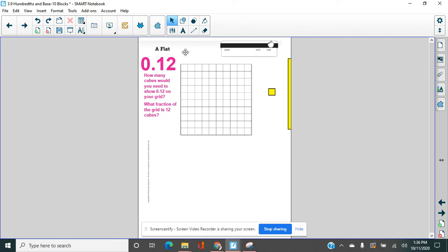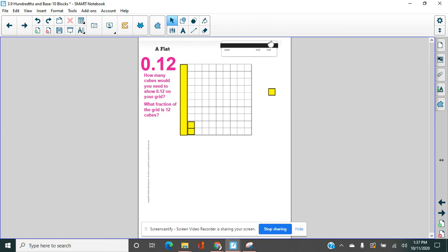Okay, there are two possibilities of correct answers. You could have said 12 of these cubes, and that would work. But if I put 12 of those cubes together, that would be enough for one long. So one long and two cubes. If you said 12 cubes, you're also right because those are equivalent.